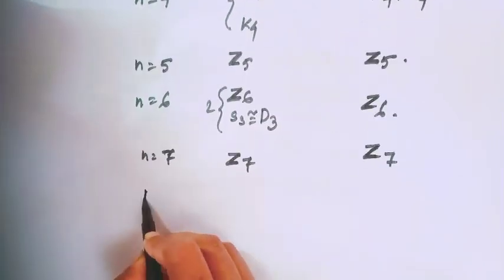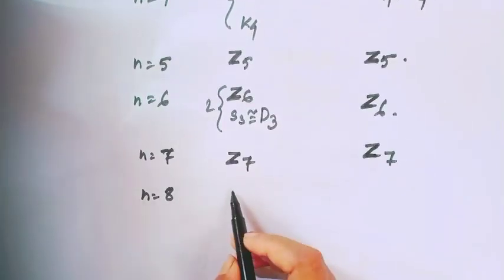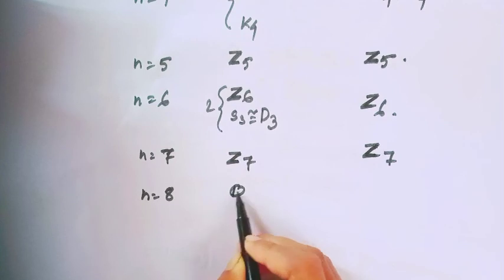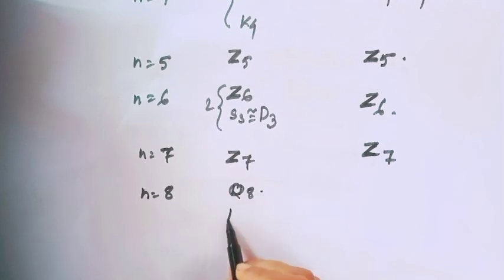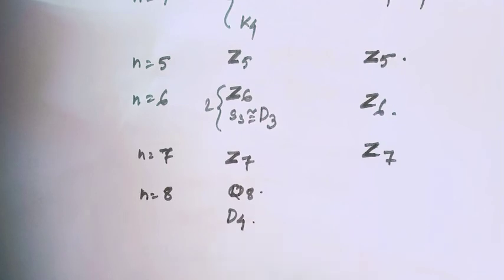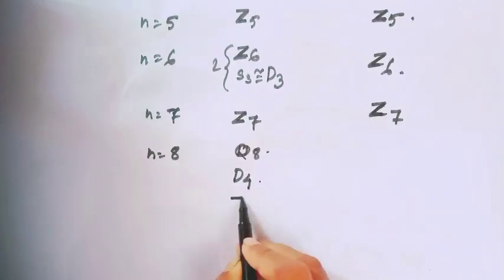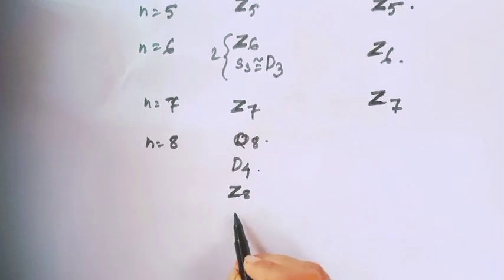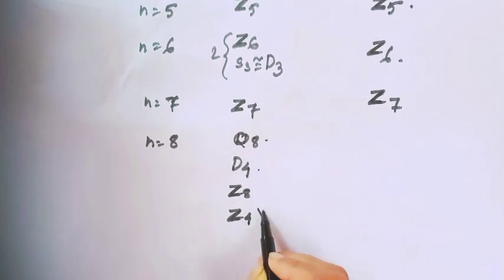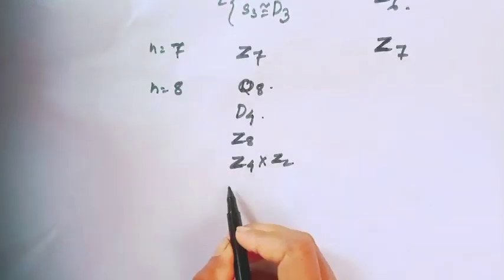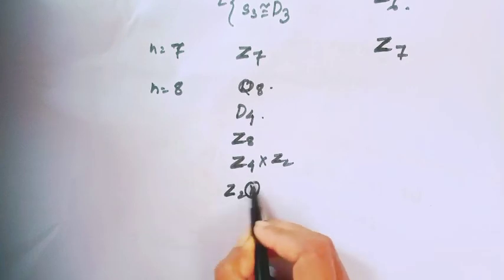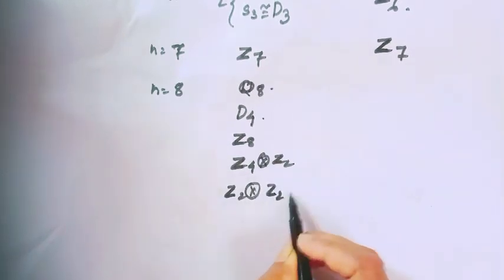When n equal to 8, there exist one Q8, other dihedral group with order 8, meaning D4, Z8, Z4 direct product Z2 and Z2 direct product Z2 direct product Z2.